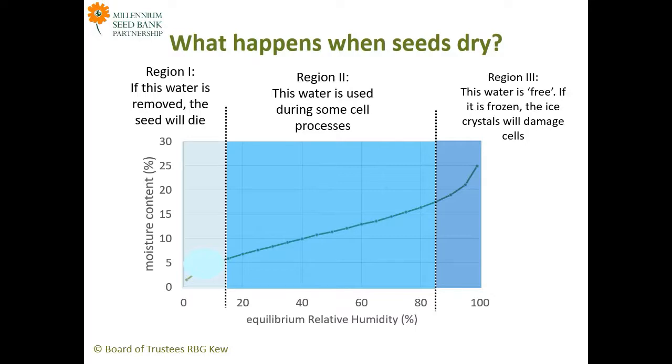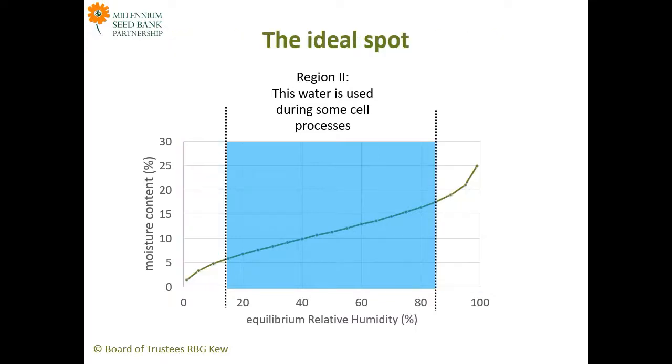Here you start taking out strongly bound water. Seeds are in a relatively inert state, but do beware, further removal of water can actually damage the seed. We are looking for this ideal spot, which is around 15% ERH, where the seeds are still alive, dormant, and not aging.